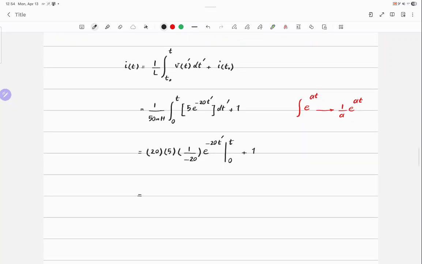The 20 and 20 cancel out, negative 5, plug in t, gives you e to the negative 20t, plug in 0 to the exponential, what will it give you? 1, plus 1. It's equal to negative 5e^(-20t) plus 5 plus 1, which is plus 6 amps.